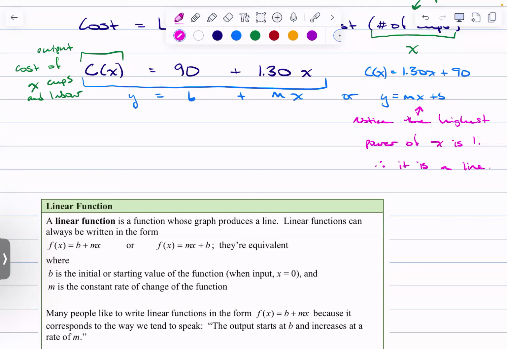In the next chapter, we look at quadratics, where the highest power of x is 2. Look at the behavior of that, and then we can build out from there. Now, what color haven't I used? I'll revert back to dark blue, where B, just as a reminder, represents the y-intercept.